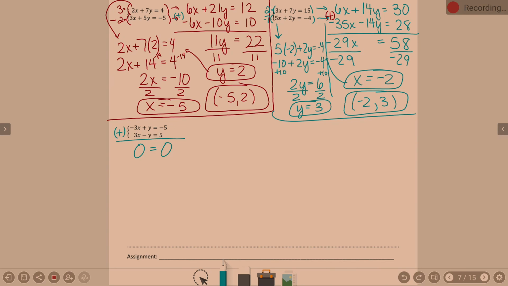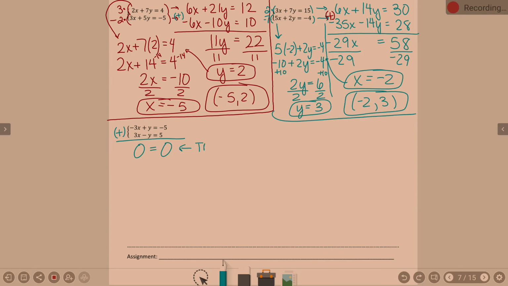What happened to my variables? My variables cancel each other out. When my variables cancel each other out, two choices: no solution or infinitely many solutions? Infinitely. Does 0 equal 0? Yeah. The difference from the one we did on Friday is that this is a true statement.